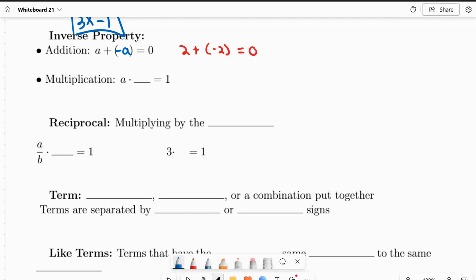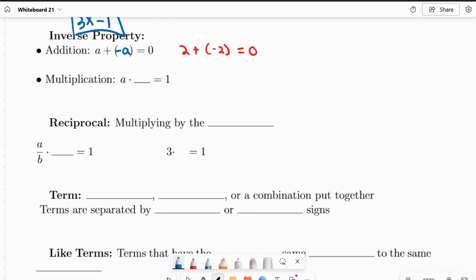For the inverse property of multiplication, you are multiplying by the reciprocal. The reciprocal is when, if you have a number in the numerator, you turn it into a denominator, and if you have a number in the denominator, you turn it into a numerator.